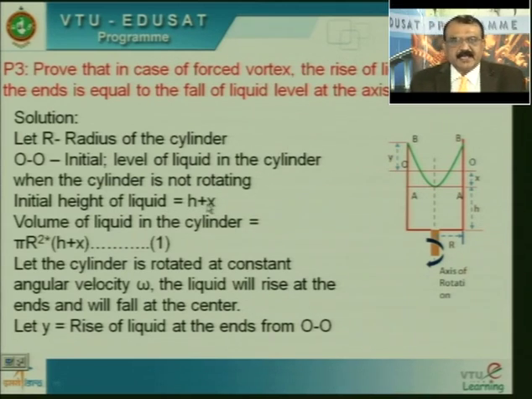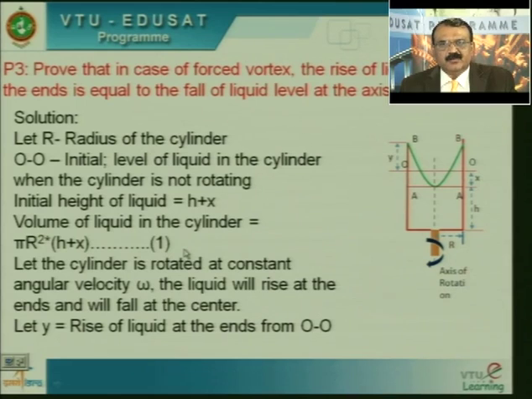Now corresponding to this initial height h plus x, what is the volume of liquid present in the cylinder? That is given by pi r square into the vertical height, and the vertical height is h plus x. So call this equation number 1.